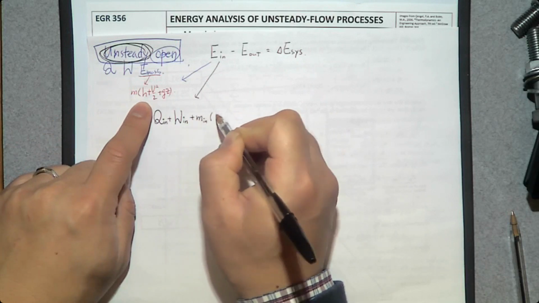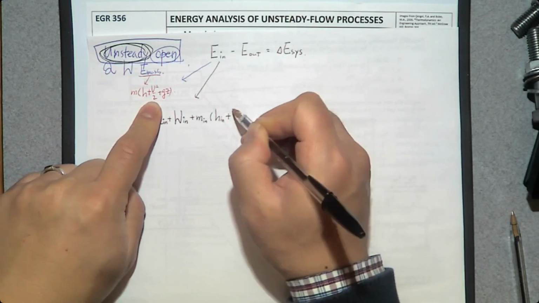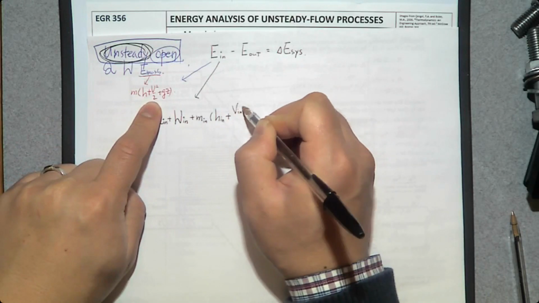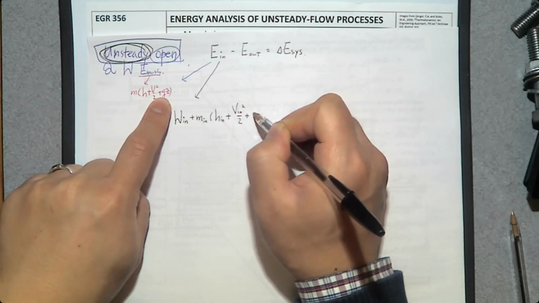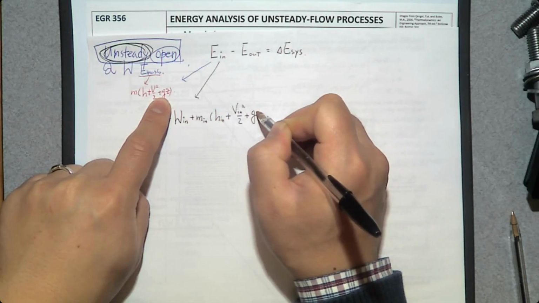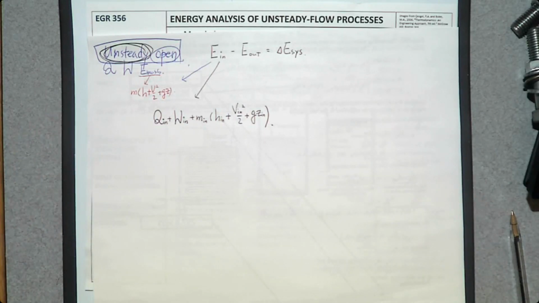This one has specific enthalpy h in, specific kinetic energy V in square over 2, and specific potential energy, gravity times elevation z1. So these are energy transfers into an open system, open control volume.